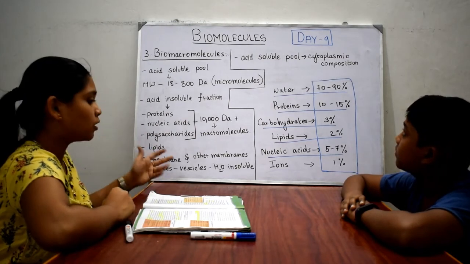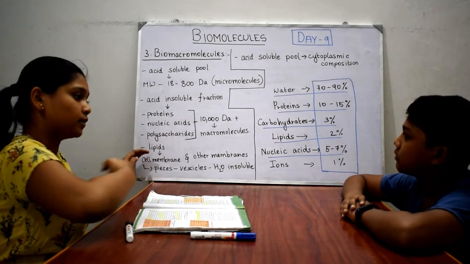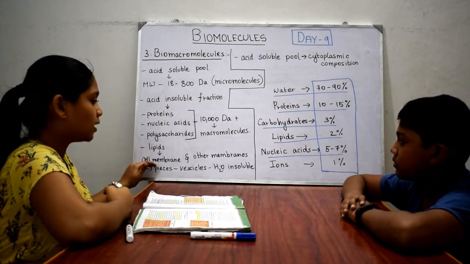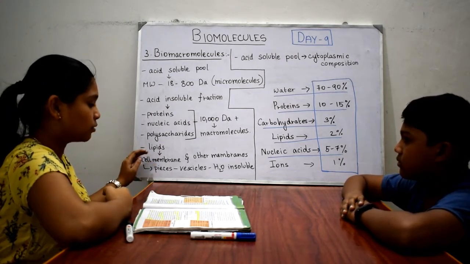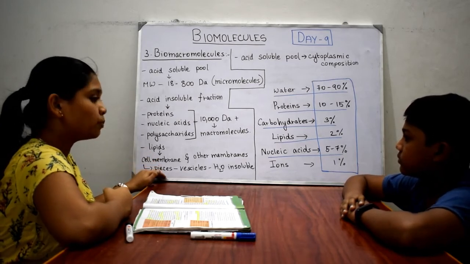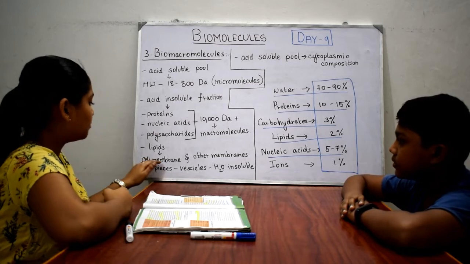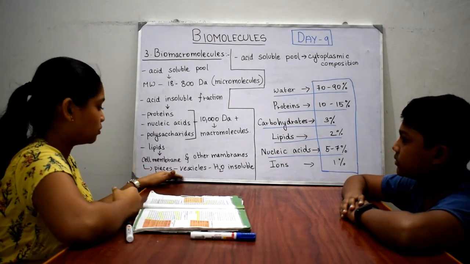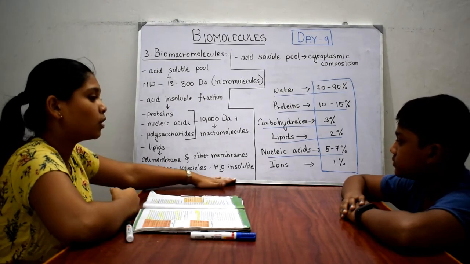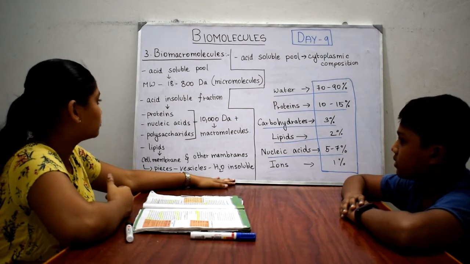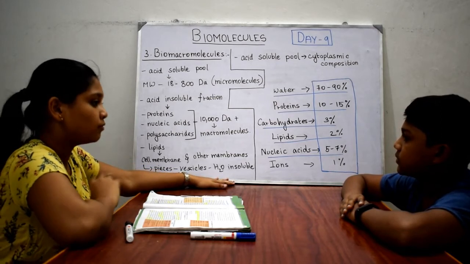If you grind it with a pestle and mortar in trichloroacetic acid, the cell membrane and other lipid membranes break into pieces and form vesicles, which are round structures. These vesicles are water insoluble, so they are known as the acid insoluble fraction.